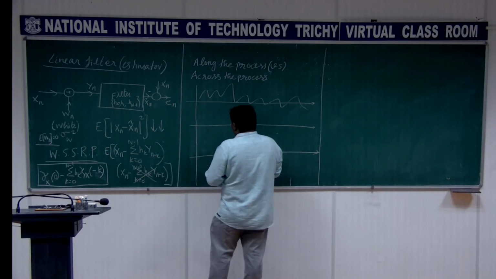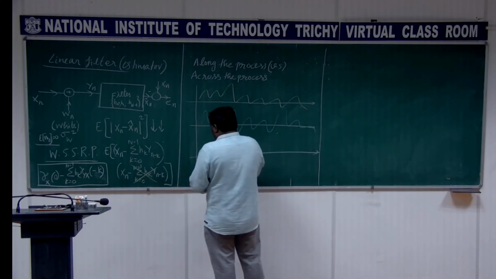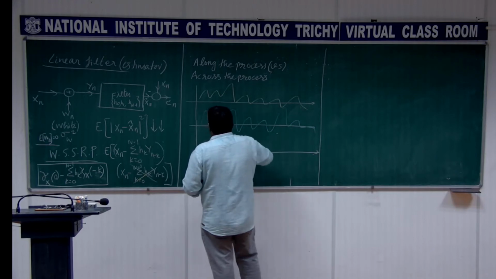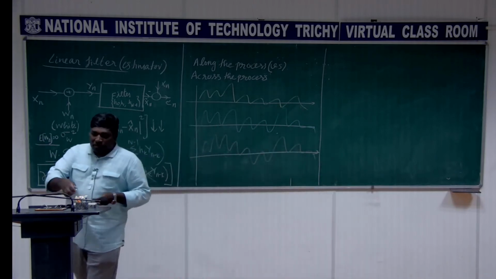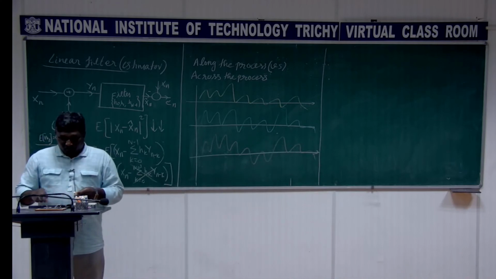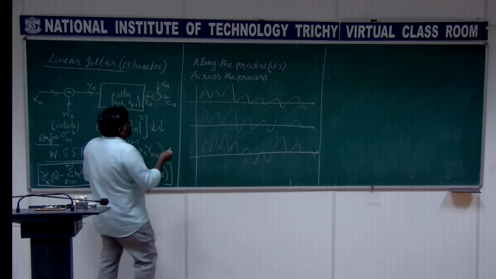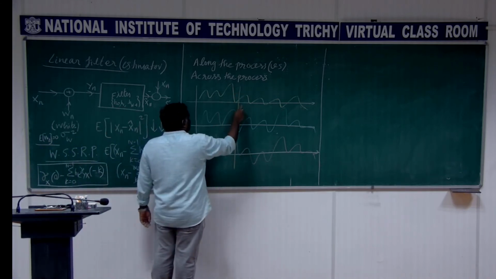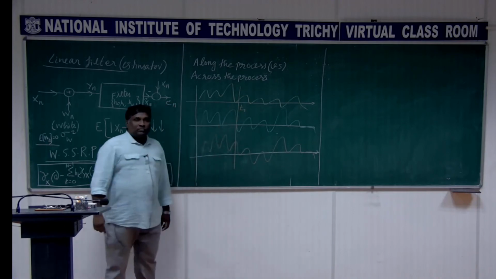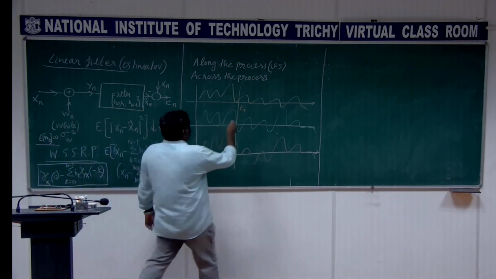This is one, and we have another speech signal like this, and then another signal like this. So all the outcomes of the experiment are mapped to a function of time, right? So what you do now is you tap across the process at some time t1, and you get the random variable, which is basically x(t1).